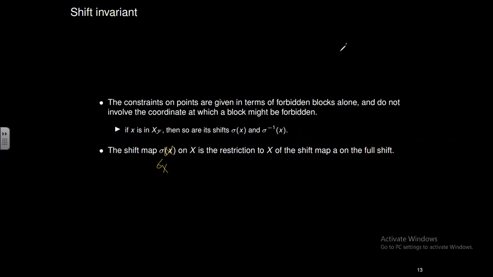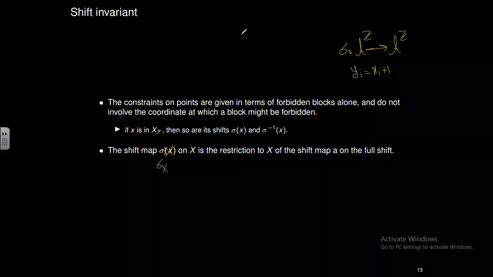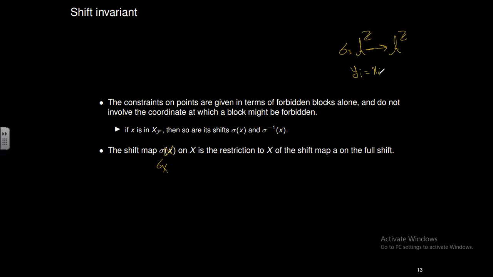So it means the shift map goes from the full shift to the full shift, and you know that, for example, y_i is equal to x_{i+1}, something like that. Let me write it better because maybe you missed it. It's x_{i+1}. So the index should be changing.